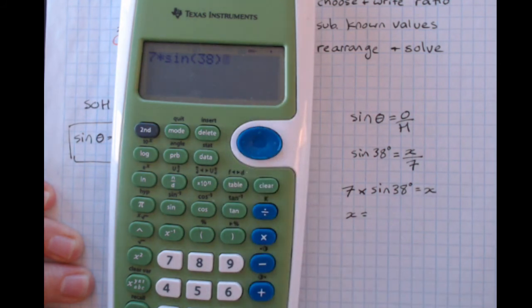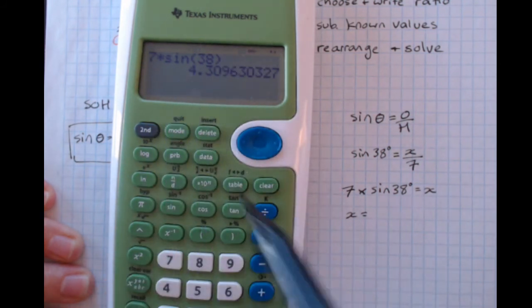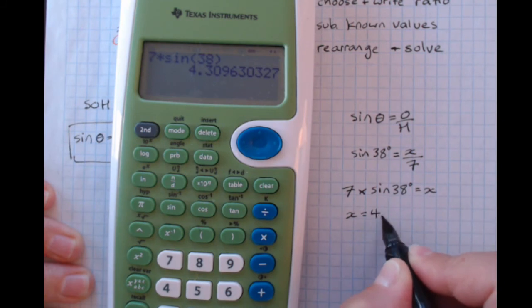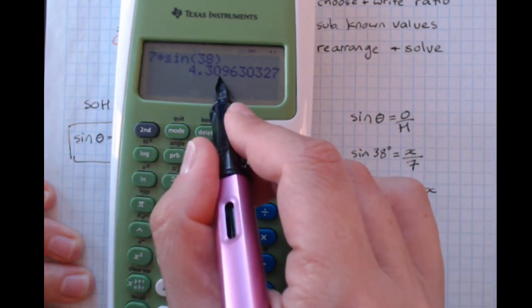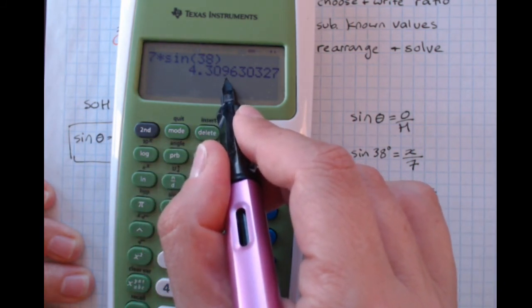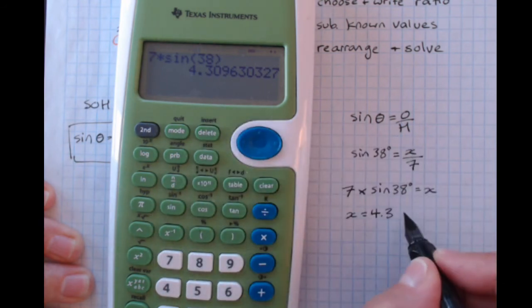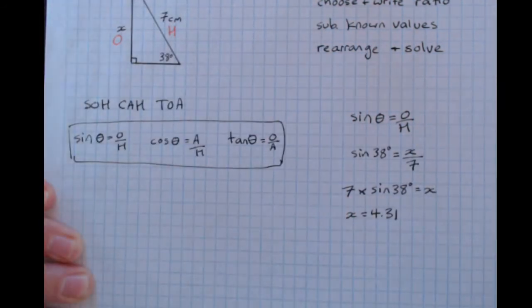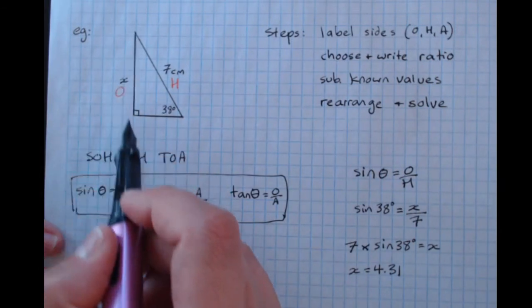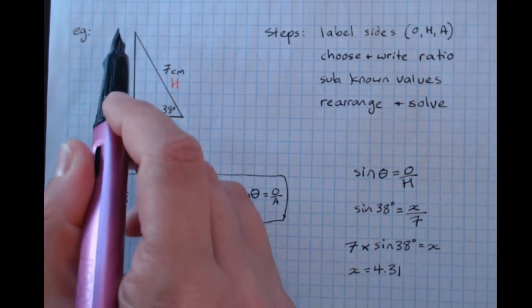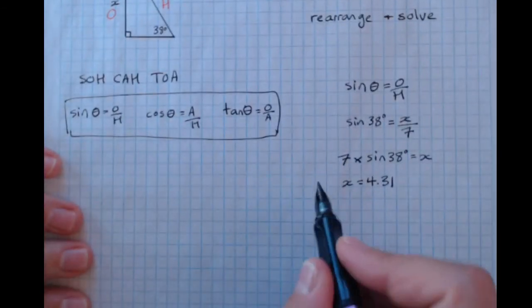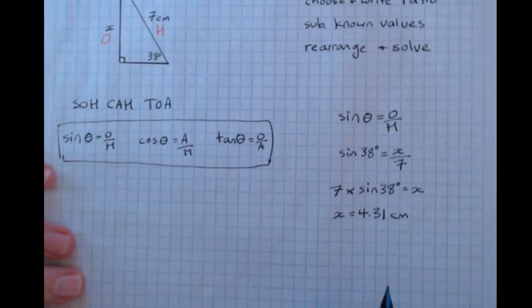It's accepting that it's in degrees. 4.31 because I'm rounding to 2 decimal places, and this is 5 or more, so I've got to round up. Check the question, what units of length were they using? Because I'm finding a length. They were using centimeters. This will be in centimeters.